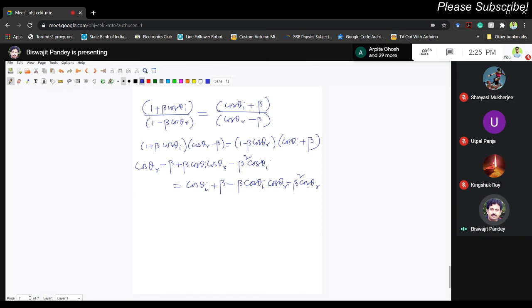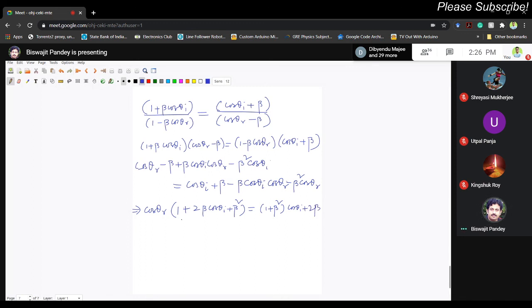If I take all the cos theta r terms on one side, this will give me cos theta r times (1 plus 2 beta cos theta I plus beta square). On the other side, we have (1 plus beta square) cos theta I plus 2 beta.